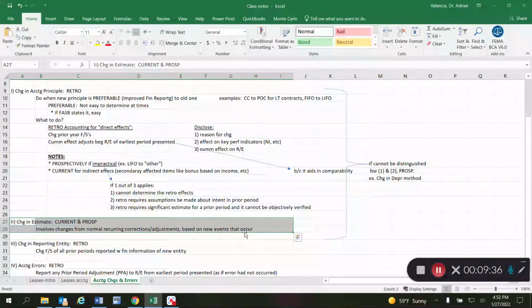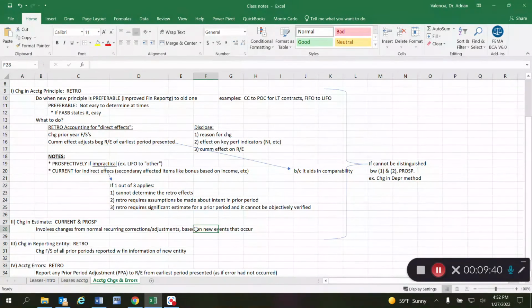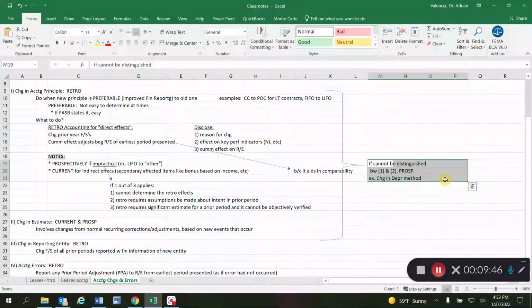That's clearly a change in estimate, okay, when new information comes up. But this is not necessarily about new information. This is simply a change from declining balance to straight line or something similar. And since it's hard to break apart whether it's really a change in estimate or an accounting principle, then at that point we just treat it as if it were just a change in estimate.